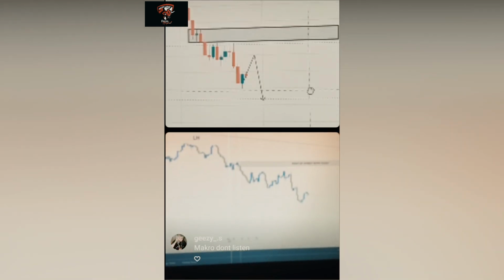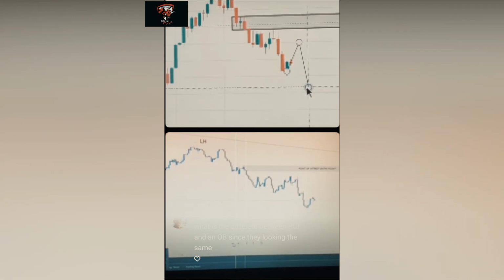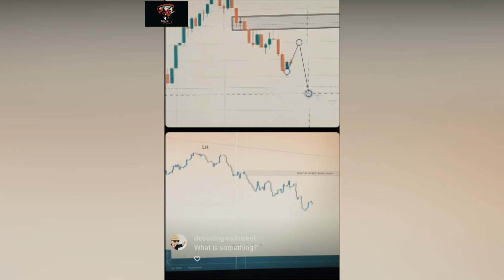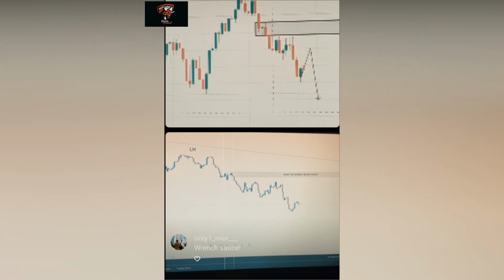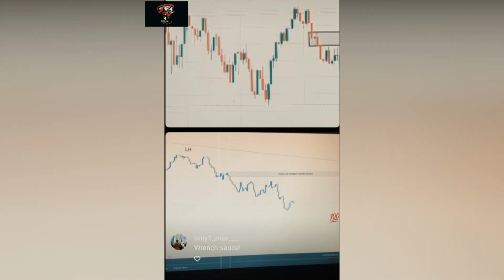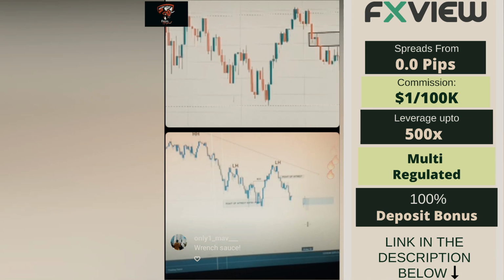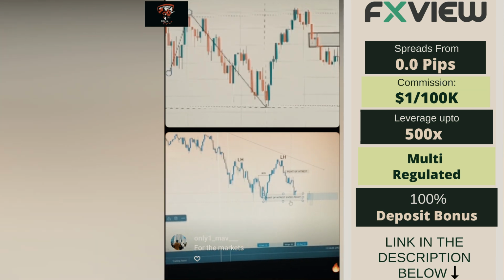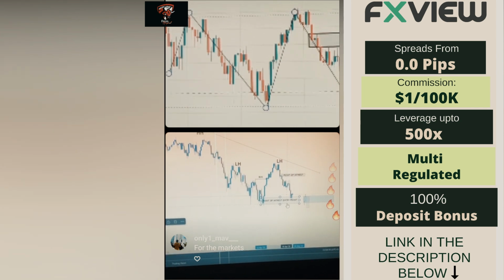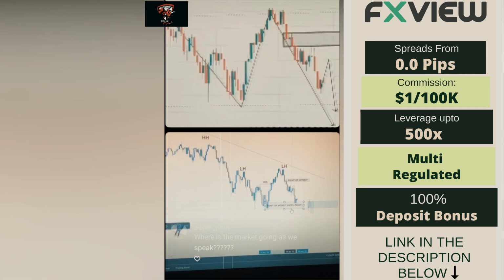Because we've been making highs and lows within major and minor structure, I see a situation where price made a high, made a low, and then made a high that failed the previous high. Which means that because we failed the previous high, we would then take out the low.